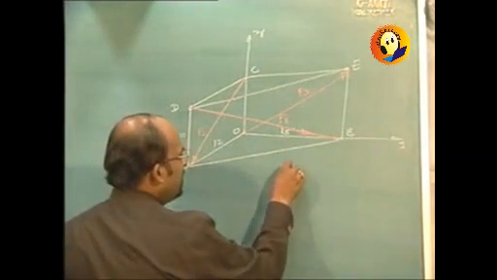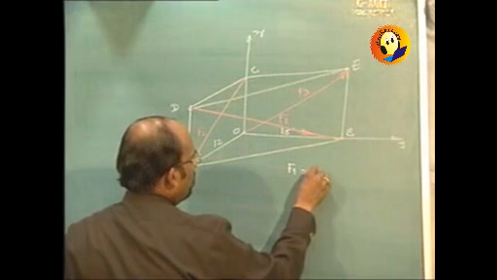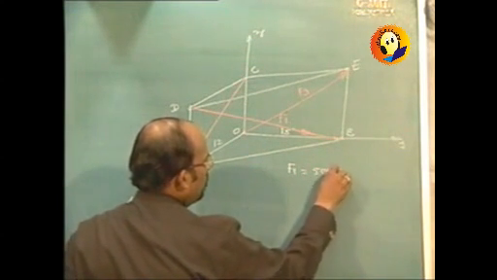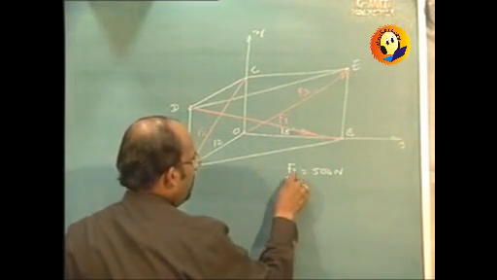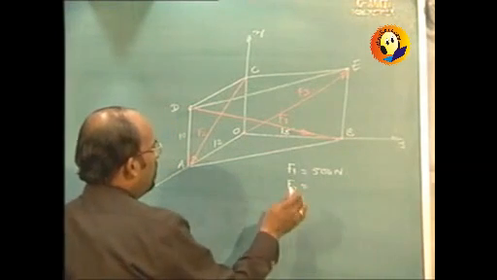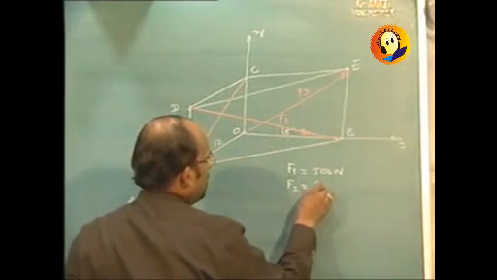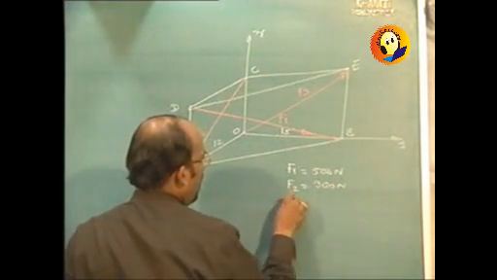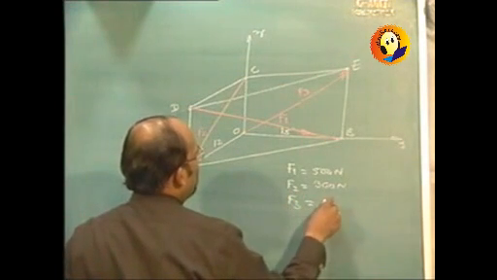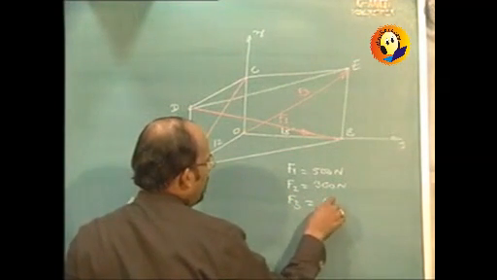It is given that F1 is equal to 500 newtons, F2 is equal to 300 newtons, and F3 is 400 newtons.